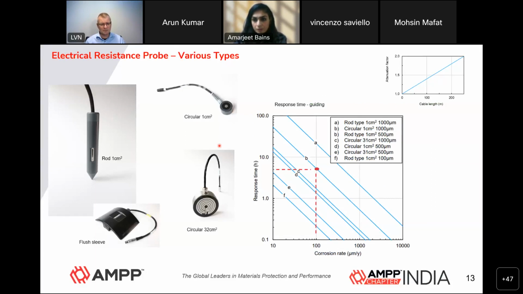Some operators, they prefer to have such a flush sleeve. So if you make an excavation of your probe, you can actually put this probe directly on your pipe and make it sort of flush with the pipe, so that to the best possible degree you mimic what is happening on the pipe itself.